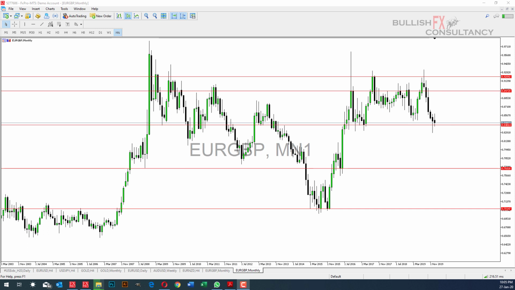That supply zone is in control of the market. Now I'm just going to draw the supply zone so that we can go to a lower time frame, right?